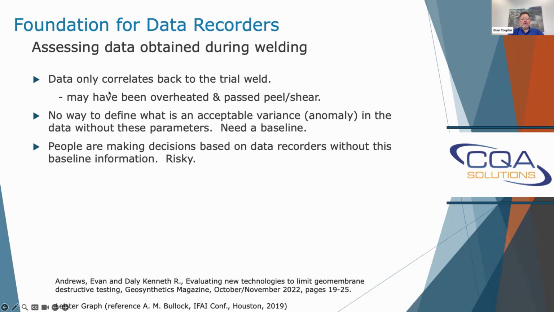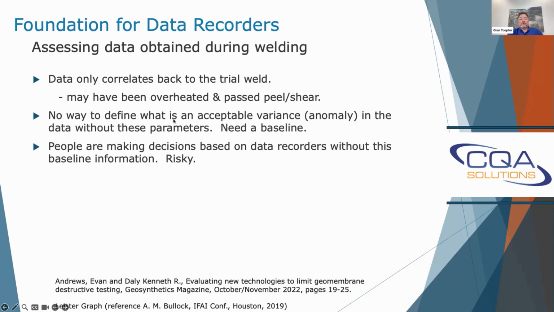So, as we talked about, we do the trial welds and they may pass just like the destructs may pass, but they may have already been overheated. They'll still pass. So we're correlating data back to a trial weld that may have failed. And then without this data, how do you define what is an acceptable anomaly?